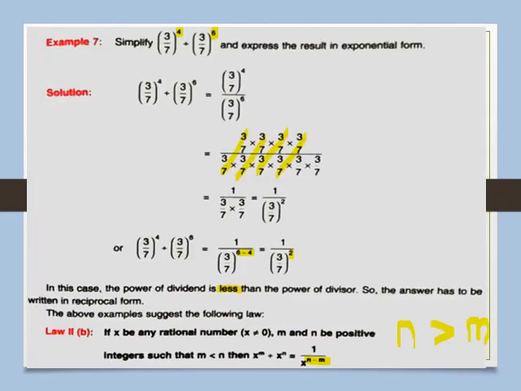See this second example. Next example, here the powers are 4 and 6. Now what will we do? We will divide 3 upon 7 raised to the power 4 by 3 upon 7 raised to the power 6. So let's divide by the simple division method.